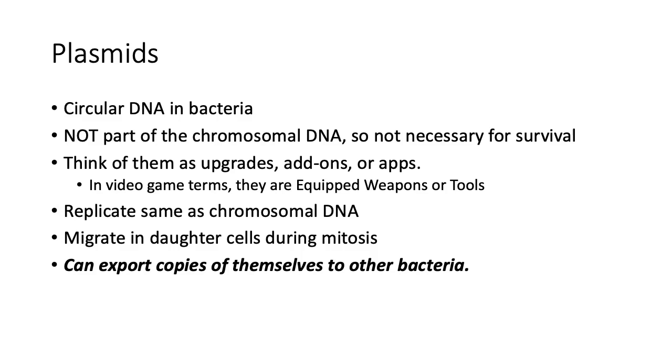So hopefully at this point you all have a general idea of what a plasmid is, because the lab uses them extensively and talks about them extensively. But the way that I like to think of a plasmid is it is an upgrade to a bacterial cell. So bacteria has circular chromosomal DNA, and that has everything that the bacteria needs to survive.